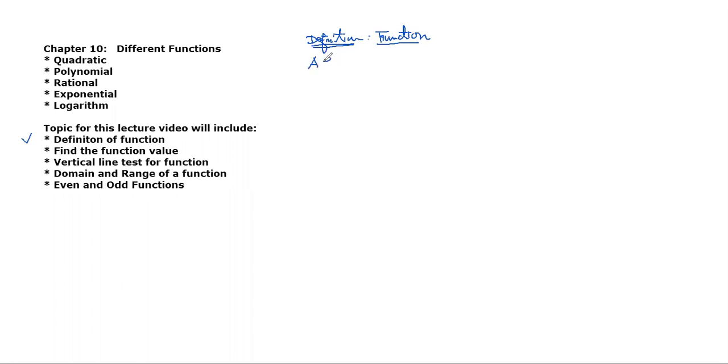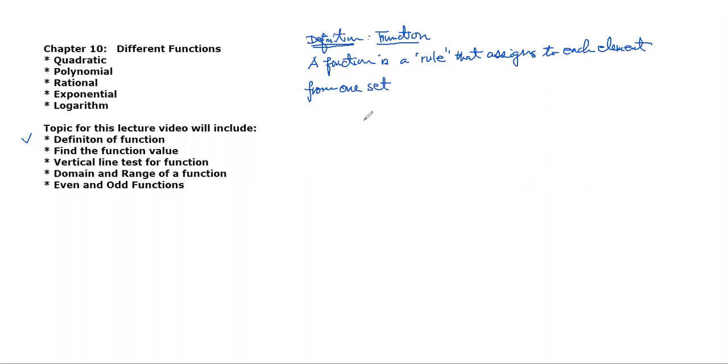The way we define it is: a function is a rule that assigns to each element from one set exactly one element to another set.